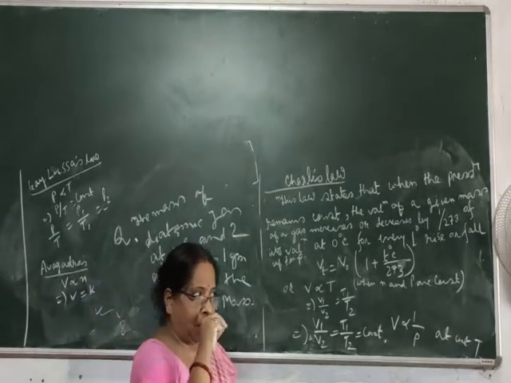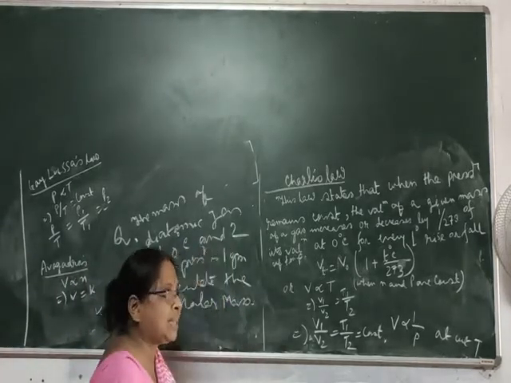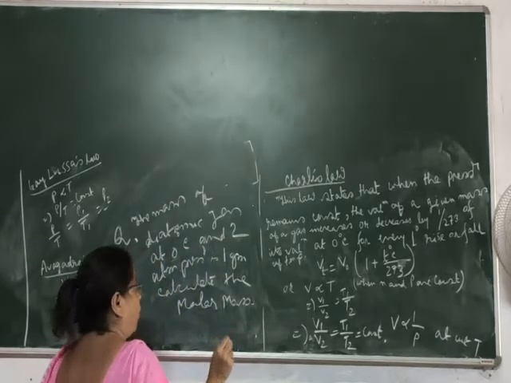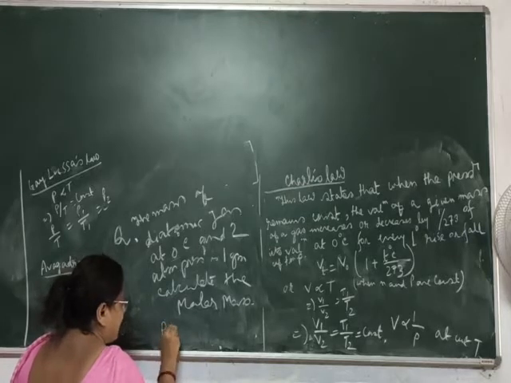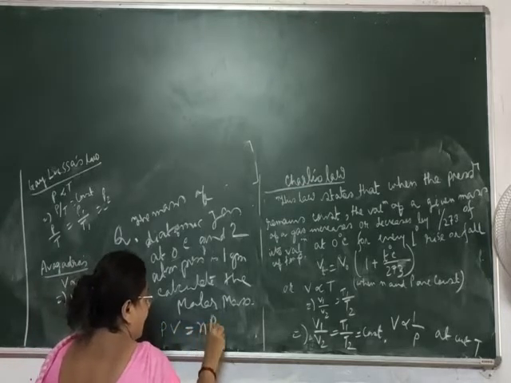First of all, you read the question once or twice and then you write the equation which is used for this problem. So the equation is PV is equal to nRT.